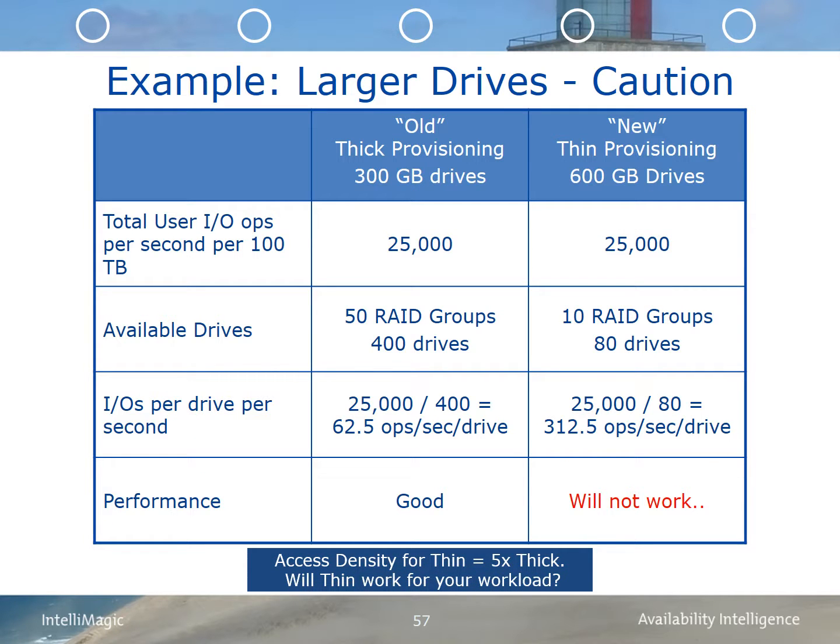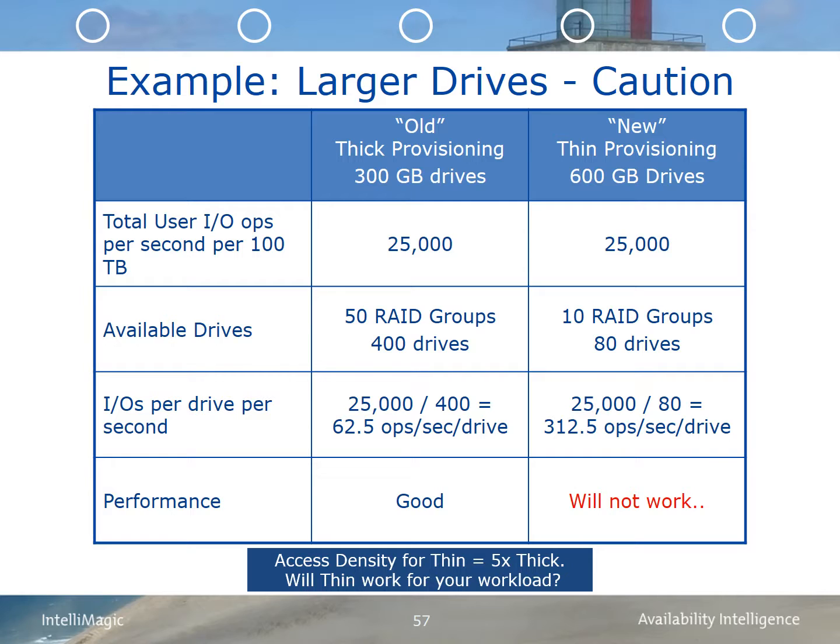All right, let's take a look at the performance using a sample of 25,000 IOPS for both of these types of setups. With the old way of doing things, the thick provision on 300 gig drives across 50 RAID groups, which is about 400 drives, averaged 62.5 operations per second per drive.